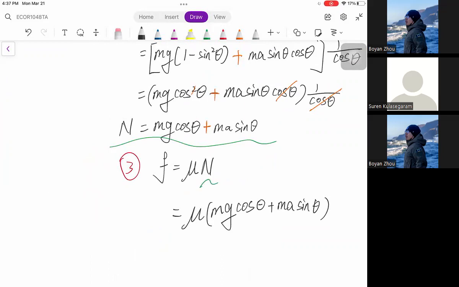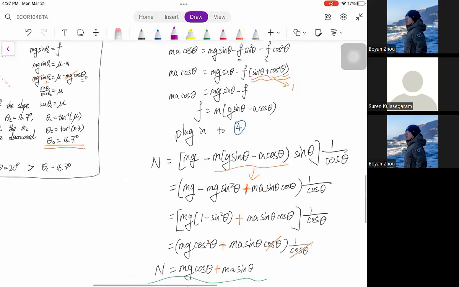And the left hand side is the f, which is the equation here, this one.